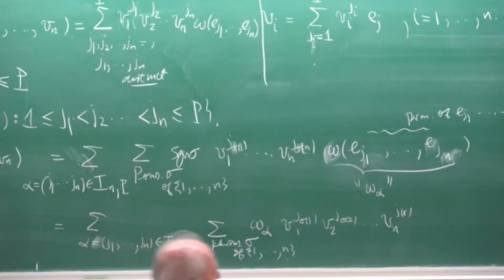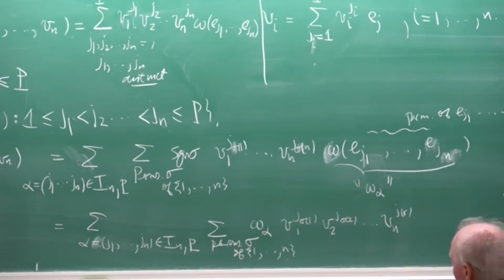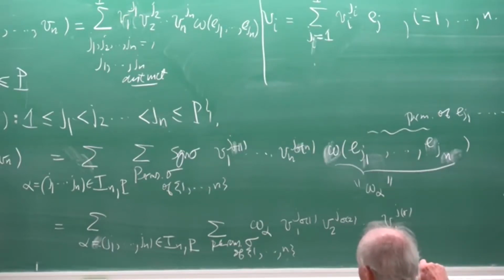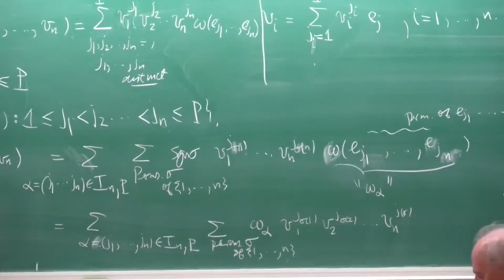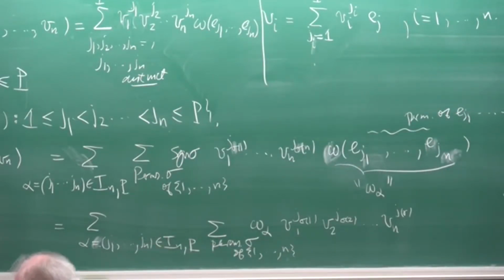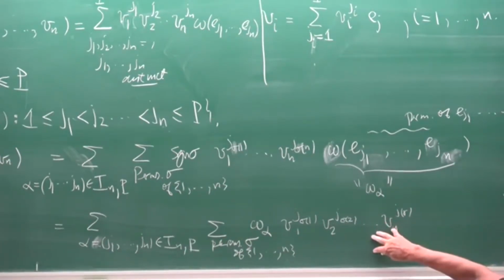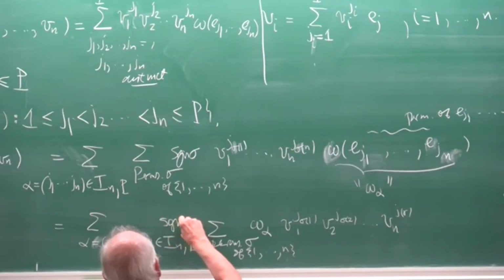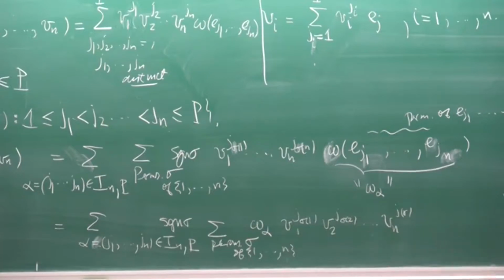And now we can do some notation. Remember we had these dual forms here. I want to further simplify this, but I've got to introduce a little bit more notation first. I want to finish this discussion, but we're lacking a little bit of notation, so let me introduce that.